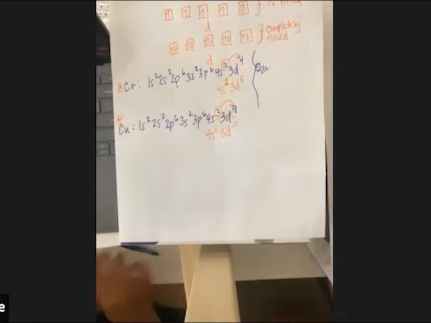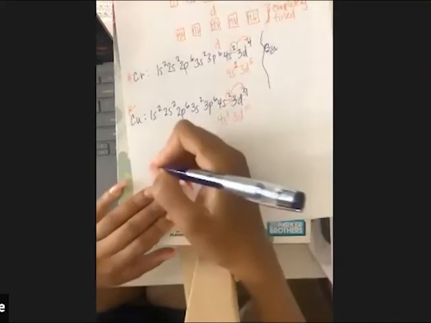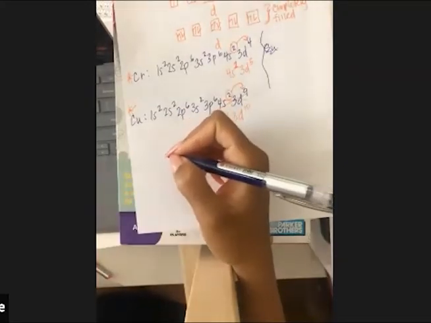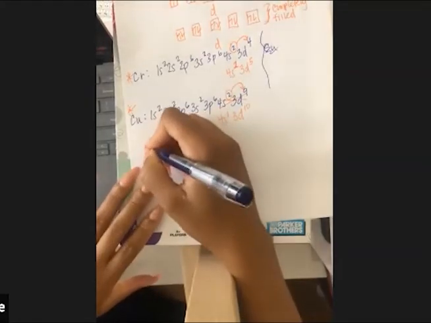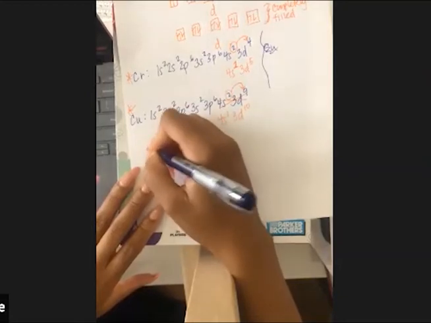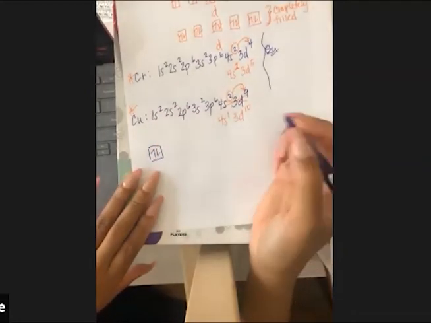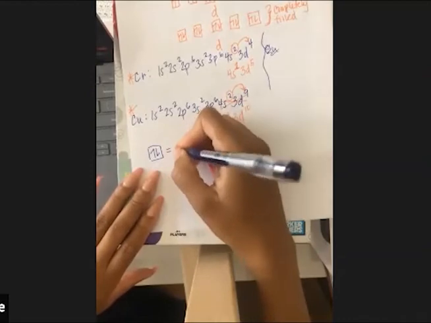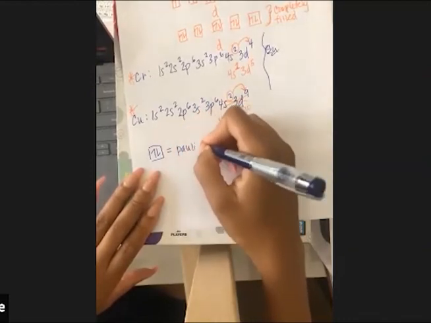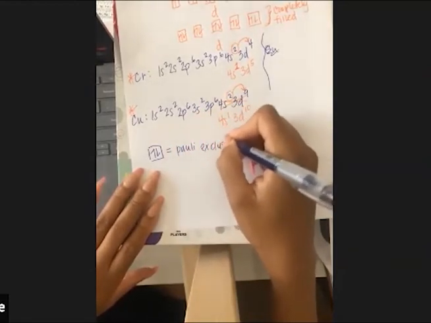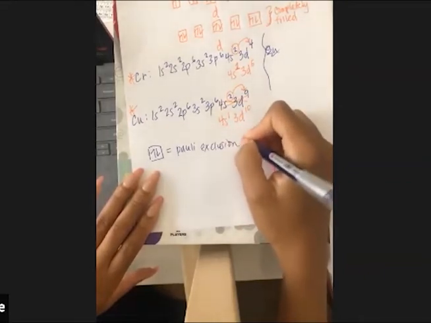A few things, let me just recap right quickly. Remember I said that each orbital has a maximum of 2 electrons and they have to be in opposite directions. This is called the Pauli exclusion principle.